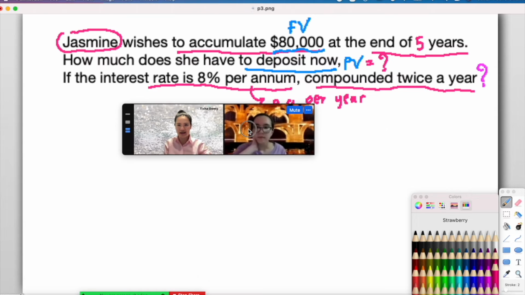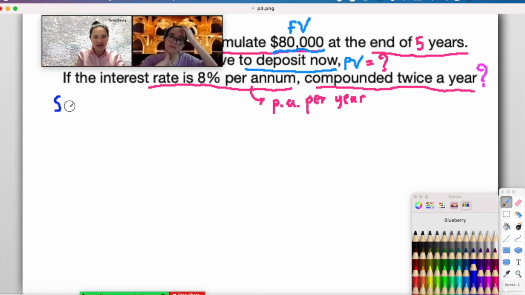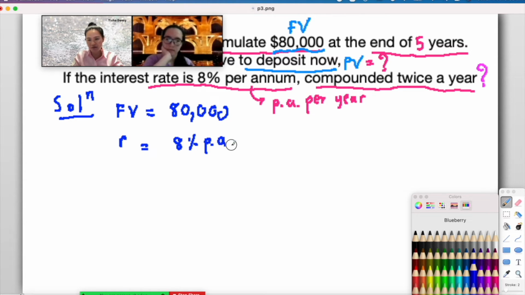Now we need to think something more. Let's see what I have from here, the solution. First, I know that FV equals $80,000. I would like to find N as well, and I would like to find the rate. The rate, I know that normally the rate is 8% per annum, PA meaning per annum, per year.